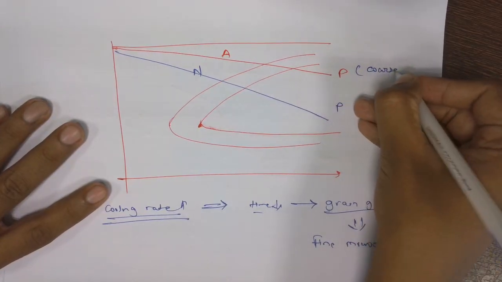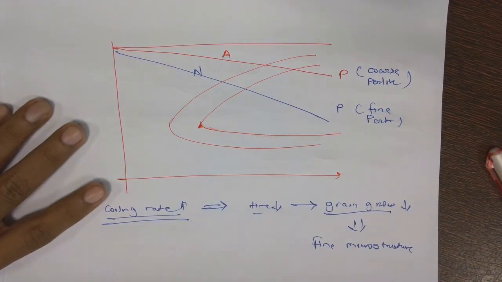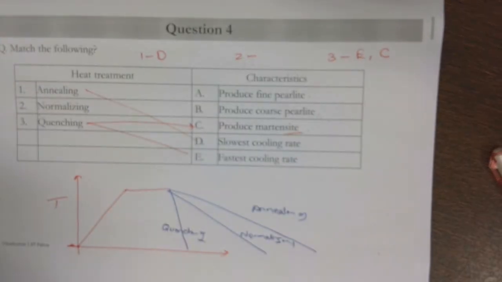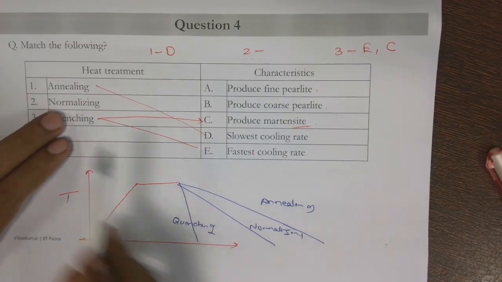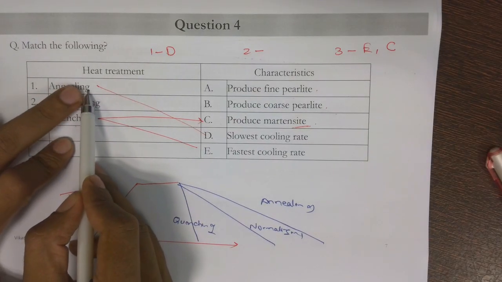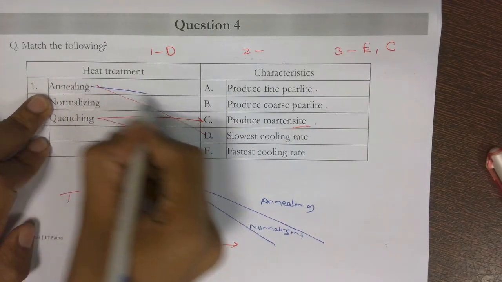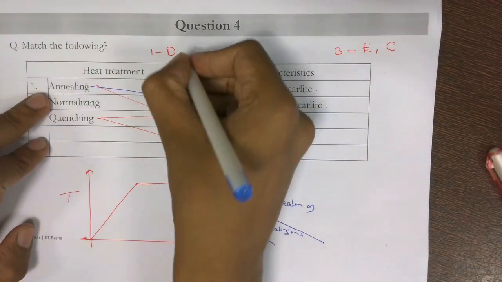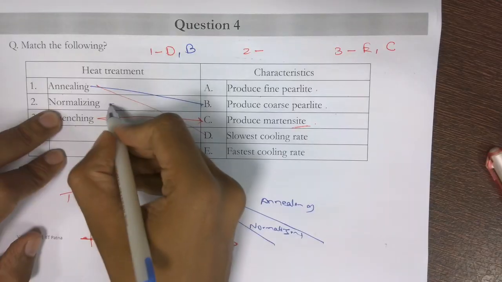Normalizing will produce fine perlite. I made the question a little difficult in that one can match with multiple, but this is just to test our knowledge and to know that this type of question can also be a part.